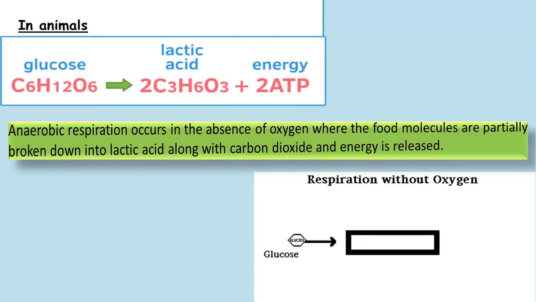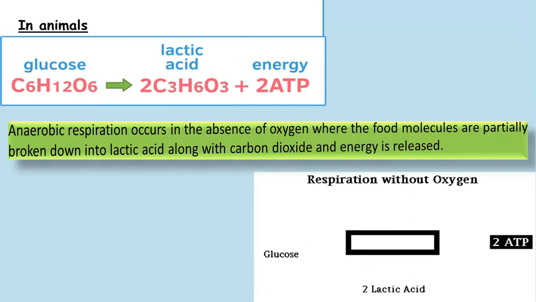Now, the major difference between aerobic and anaerobic respiration with respect to the release of energy is that when animals undergo anaerobic respiration, the energy given out is very little, only 2 ATP molecules.